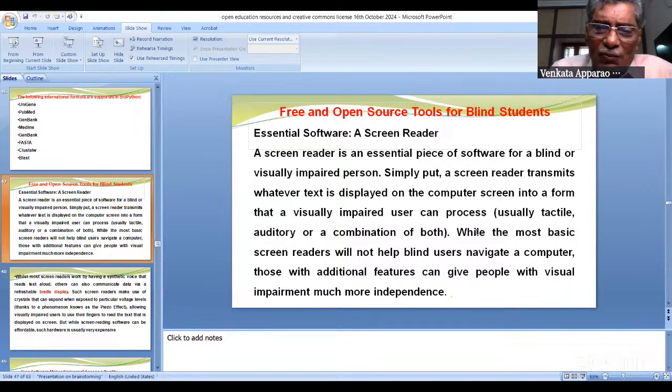So essential software is actually a screen reader. A screen reader is an essential piece of software for a blind or visually impaired person.